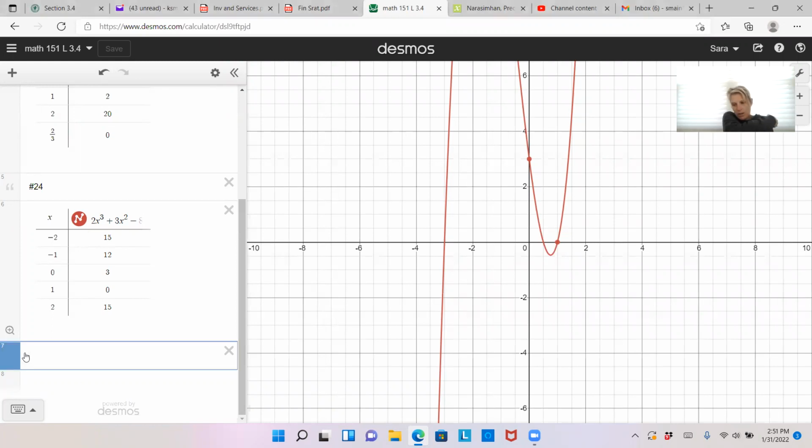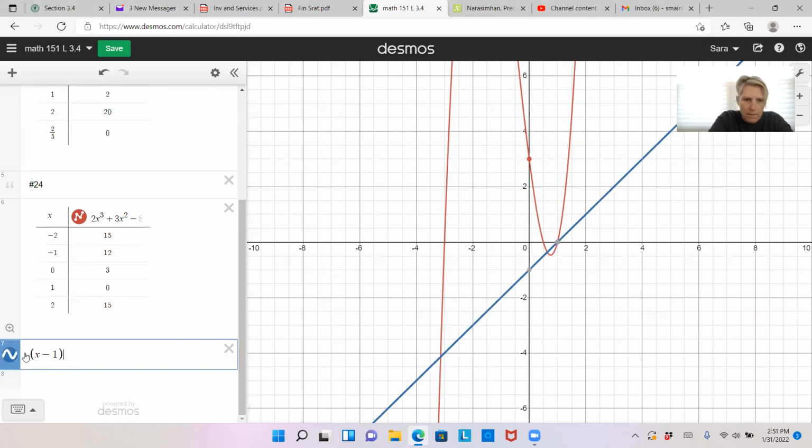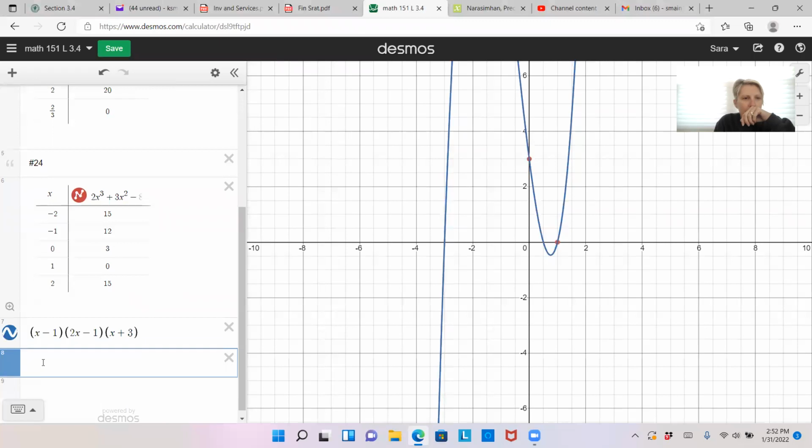So I'm going to just type in the factors x minus 1 times 2x minus 1 times x plus 3. And sure enough, it's overlaid. So that's how you know that this is the factored form. Pretty cool.